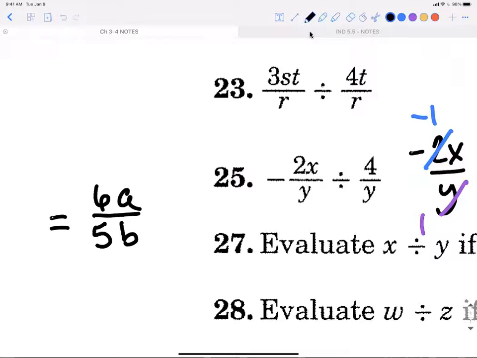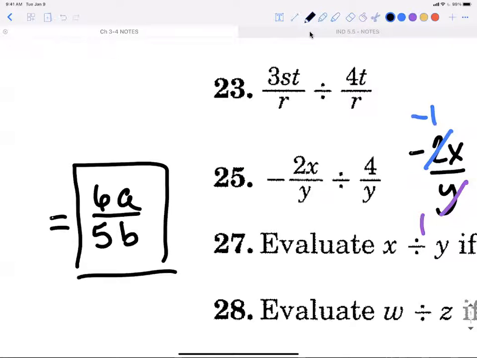Because you don't know what the value of a and b is, you have no idea how to multiply and how those affect anything. So if it has a variable, leave it just like this. If it does not have a variable and it's improper at the very end, go ahead and change it back to a mixed number. Good?